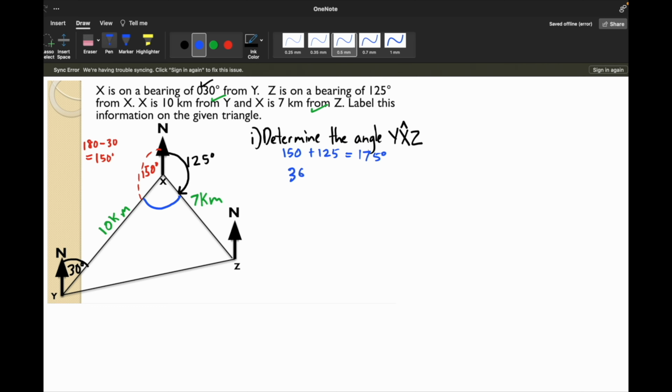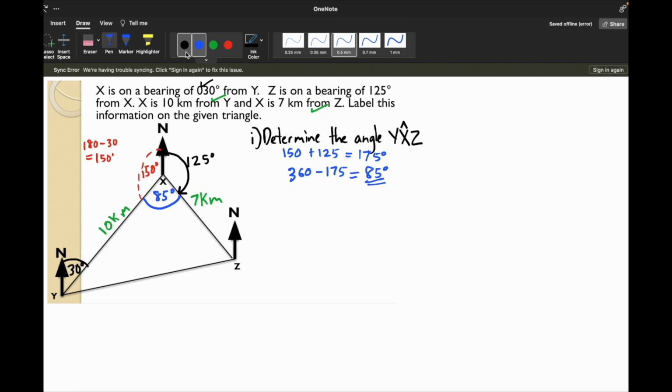If all of them add up to 360, that means 360 take away 275 would be equal to 85 degrees. So here is 85 degrees. And as you can see, we already have a triangle where we have two lengths and an included angle. You know what the next question is going to be. We have to find the length of YZ, right?